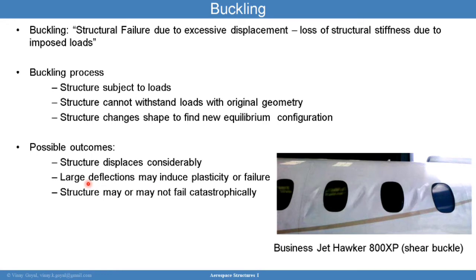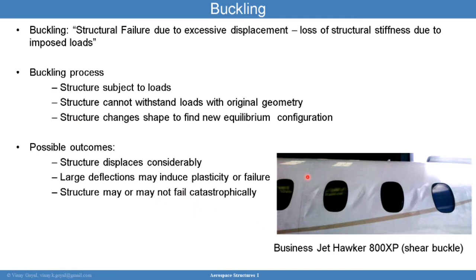There are several possible outcomes. You can structurally displace the structure to the point that you lose structural or functional performance. There could be large deflections that may induce plasticity, and that can be a problem if you have repetitive loading, for example. Or buckling can cause rupture, which could be a problem. And the structure may or may not fail catastrophically, so it could be a benign event.